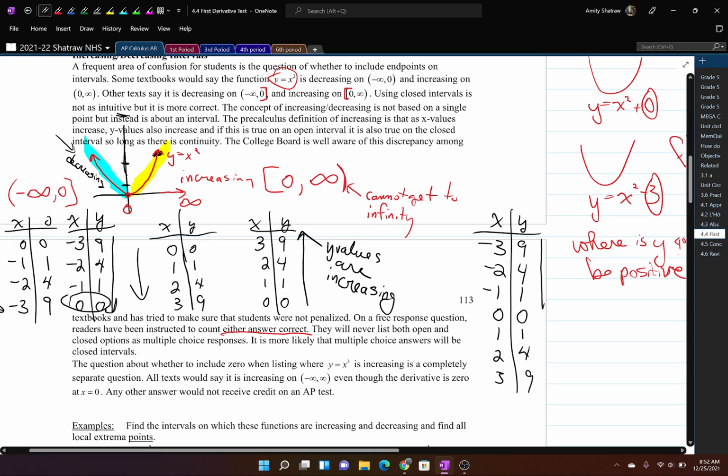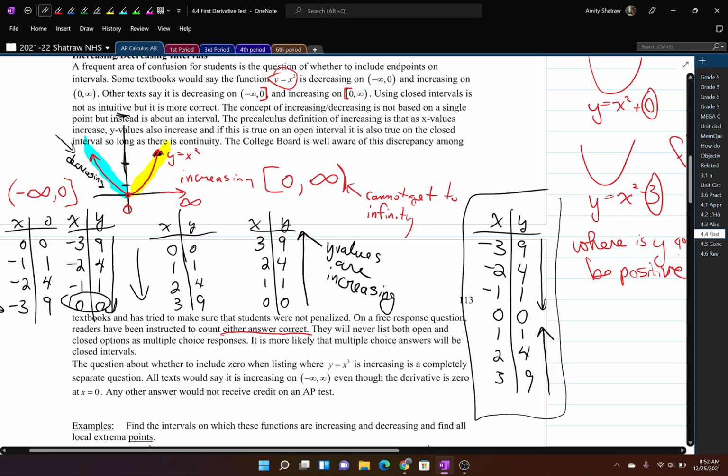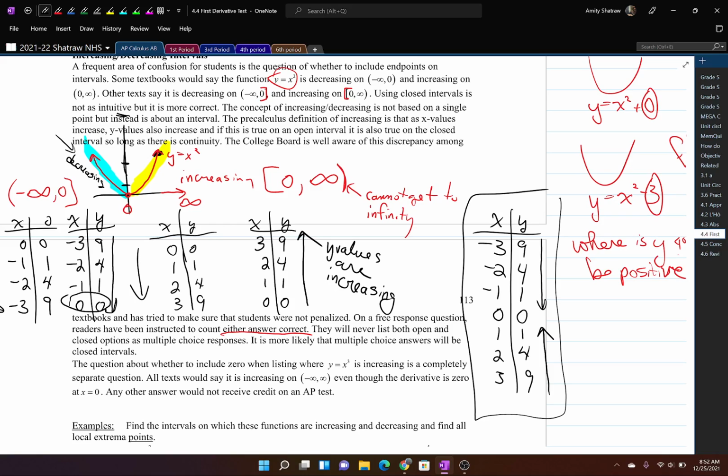The function is decreasing to get to here, and it is increasing to get to here. Oh, do you like that? I was hoping that you would. All right, that's just as far as XY tables and what it is you see. If any of that helped you with understanding increasing and decreasing values, I'm very pleased.